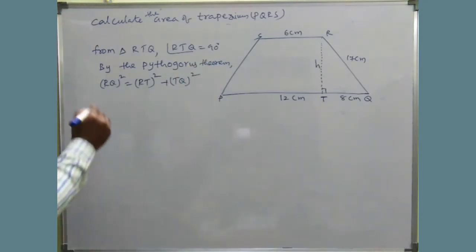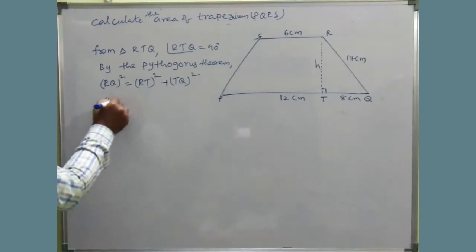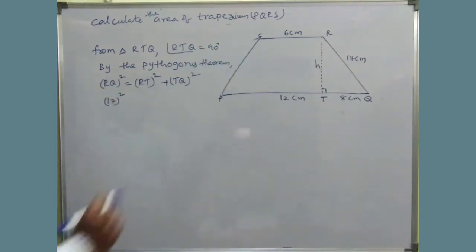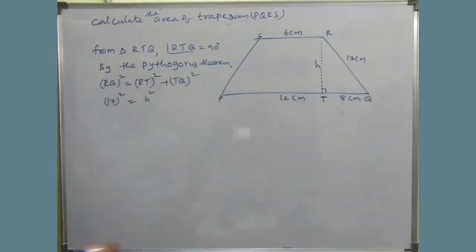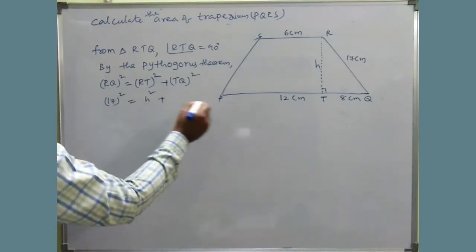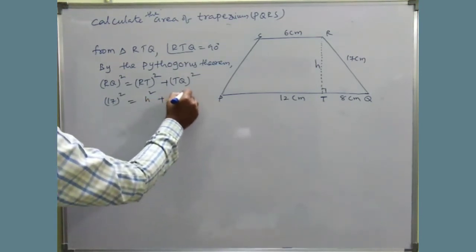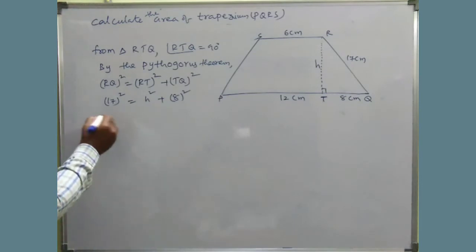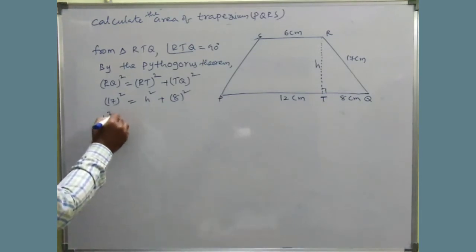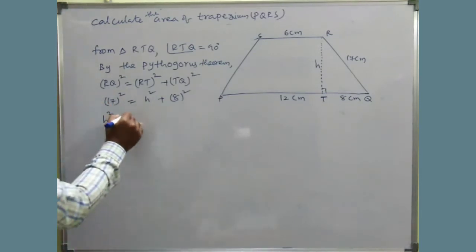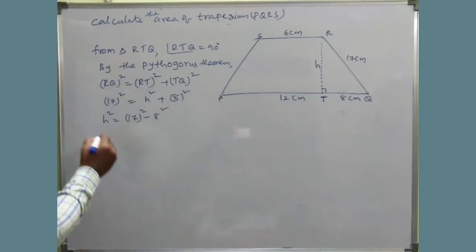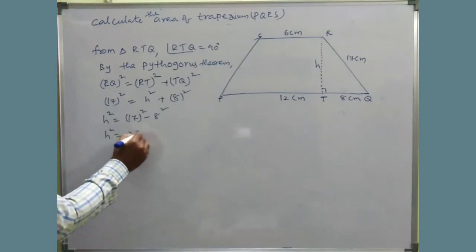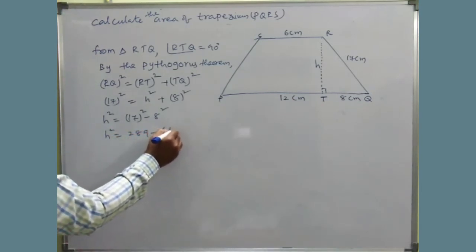Right? So now let us substitute these values. RQ is provided as 17 centimeters, RT we assumed as h, and TQ is 8. So from this we can write that h square is equal to 17 whole square minus 8 whole square, which is 289 minus 64.